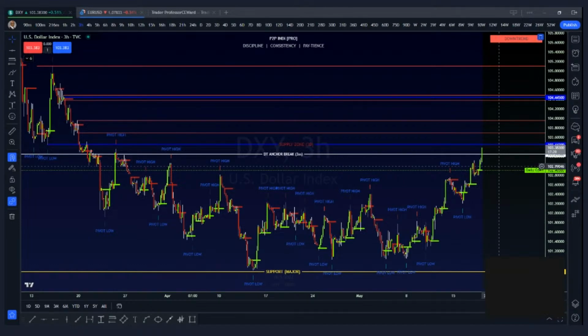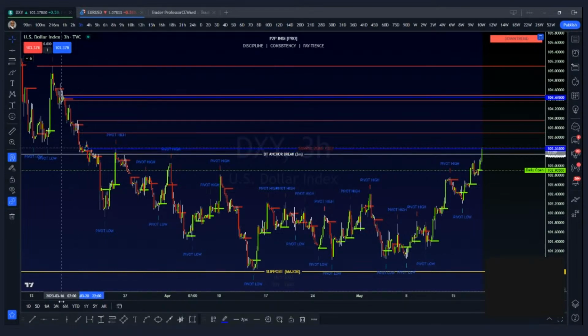And Dixie's not going down until it gets into this green candle here, which is where I have my blue line. That green candle begins where price action currently is. So let's do that. And this is where I'm hoping it turns from.